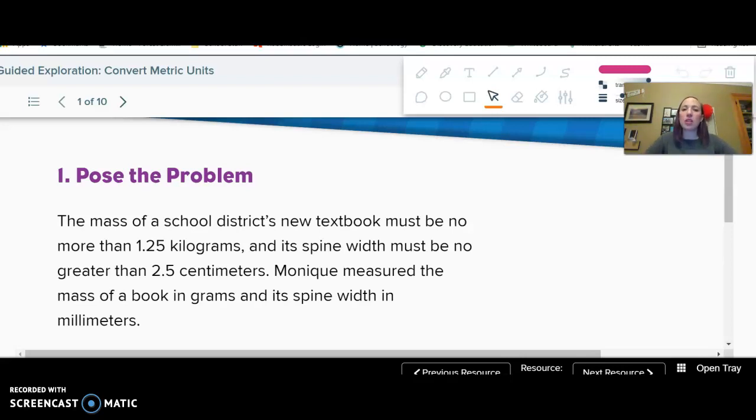So once you understand, there's actually a lot less to remember than all of the customary units we talked about in the last lesson. So you're always just multiplying or dividing by powers of 10. So 10, 100, 1000. And I'll show you how you know which one to multiply or divide by.